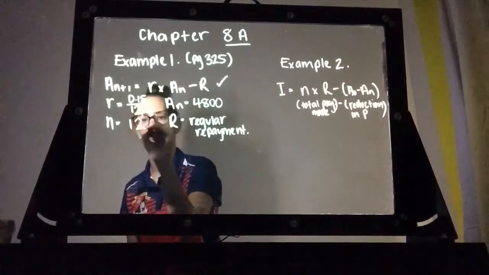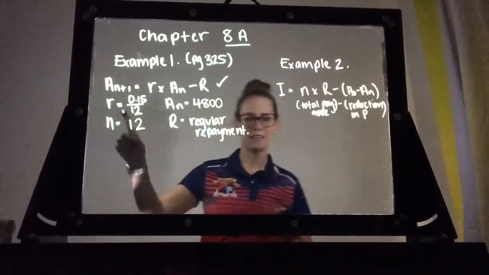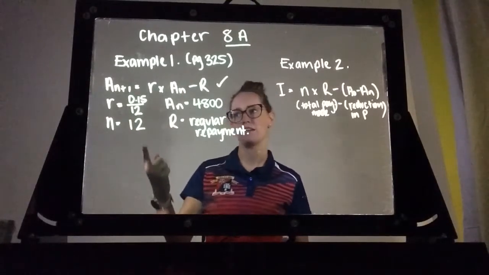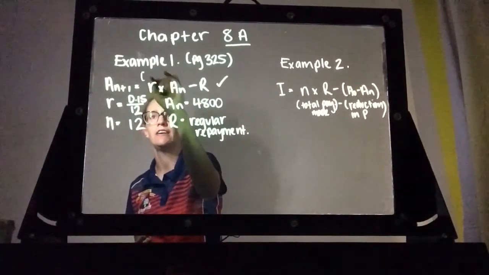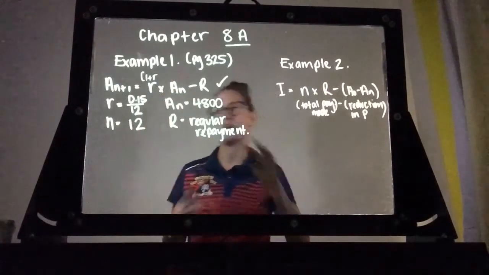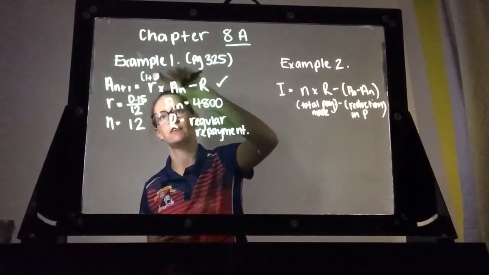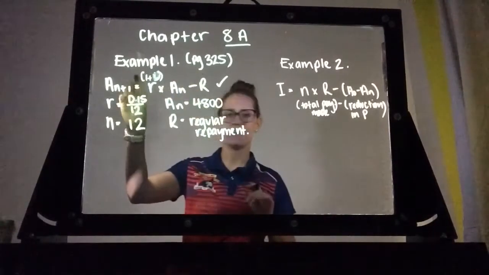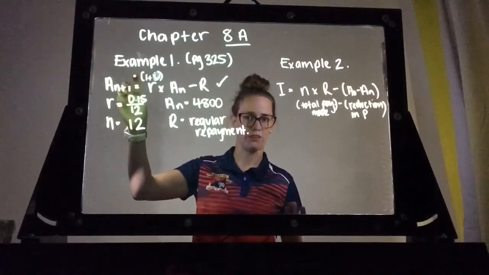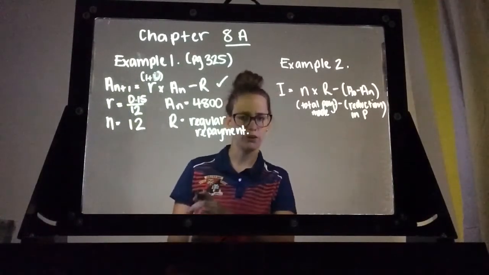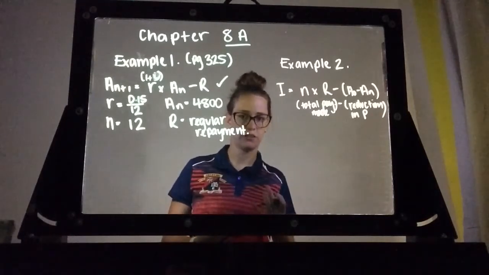That's 12. Now one thing we need to keep in mind with this R value is that when we go to implement it into the formula, R is actually 1 plus R, or 1 plus I, what our rate is. So I might put 1 plus I. Now we've seen this before when we use our compound interest formula. What this 1 actually does is accounts for the whole value plus the additional interest.